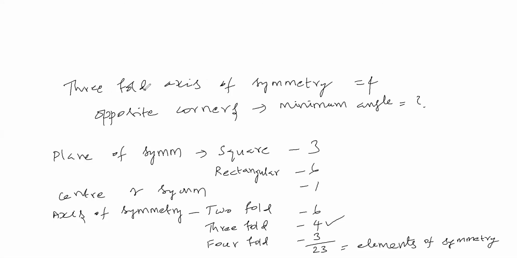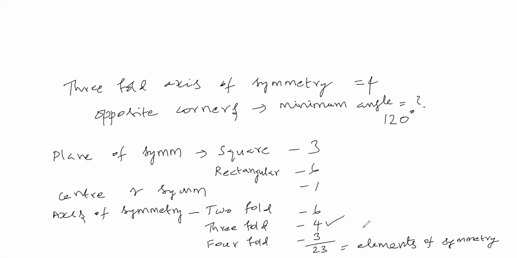On rotating 360 degree, 3 times we are getting similar image. Therefore, the minimum angle of rotation in order to get symmetry for this threefold axis of symmetry is 120 degree.